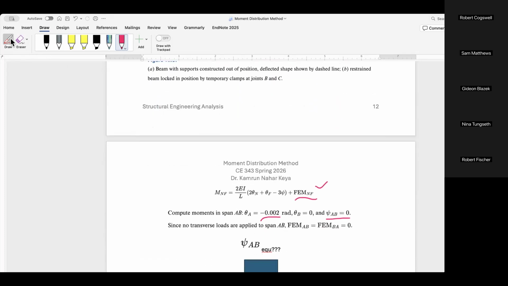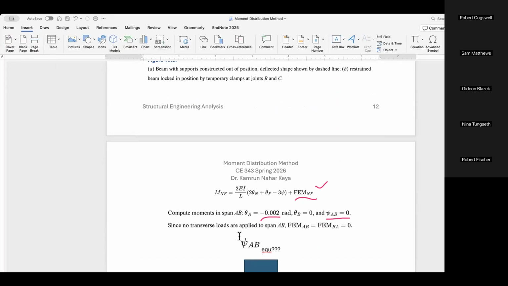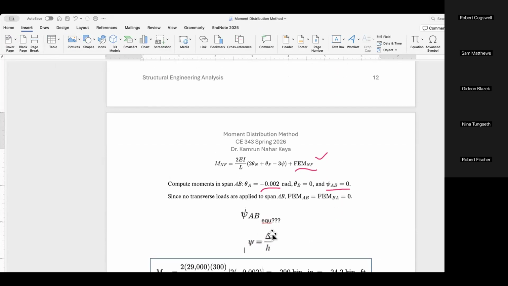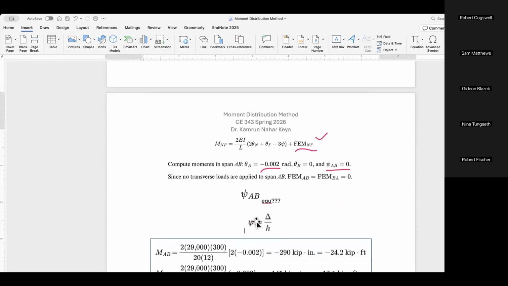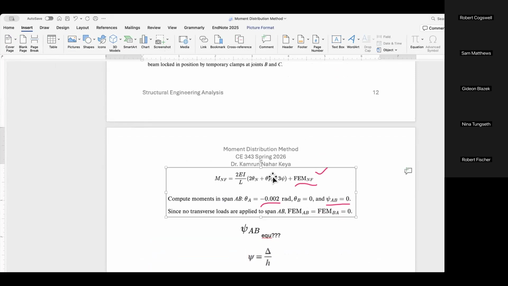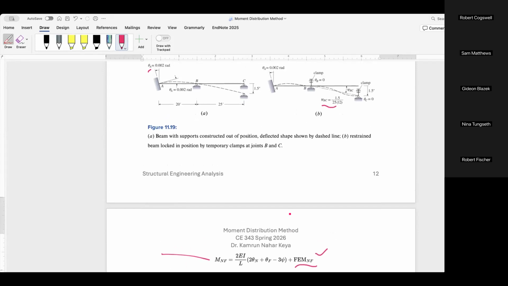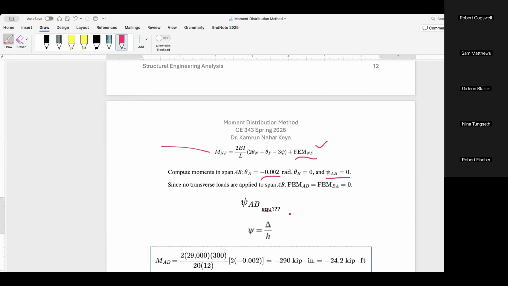And if you remember this psi equation, that one is the displacement divided by h, meaning whatever distance of that specific part. So we are going to use this equation and this equation, the general equation. This is the general moment equation, to compute the moment for this specific structure.